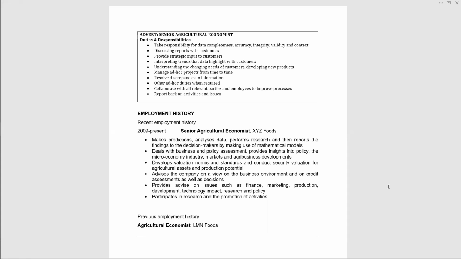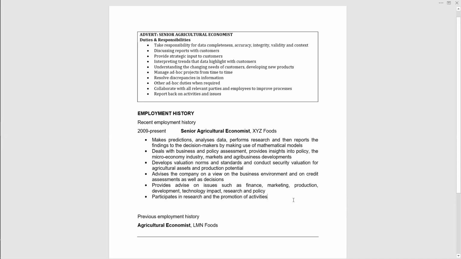In your current job, you do a lot of things, but it's not really necessary to make mention of all of them. You should always use the advert as your guide to see what would be most advantageous to include in your CV.